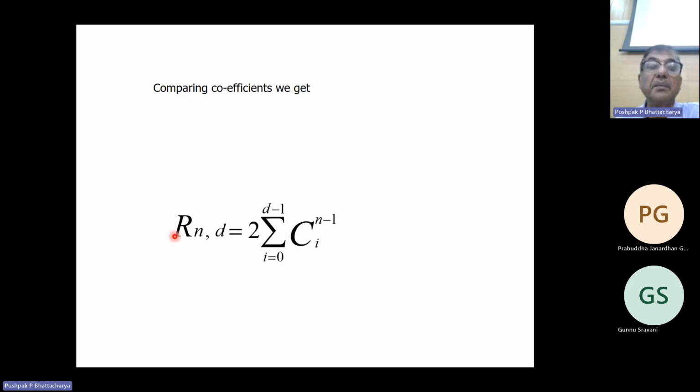Okay. So the expression for R(n, d), which is the number of regions produced by n hyperplanes in d dimensions, is equal to 2 into the sum over i equal to 0 to d minus 1, of (n-1 choose i). Okay. So this you should verify by comparing coefficients.